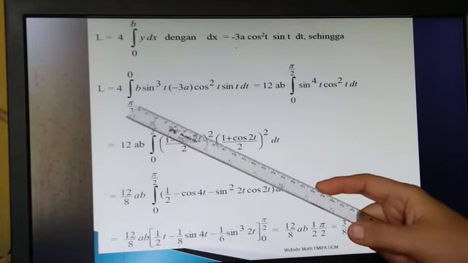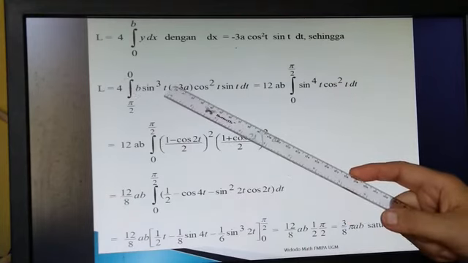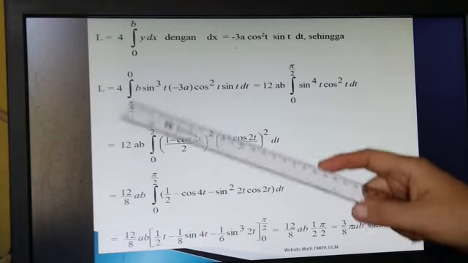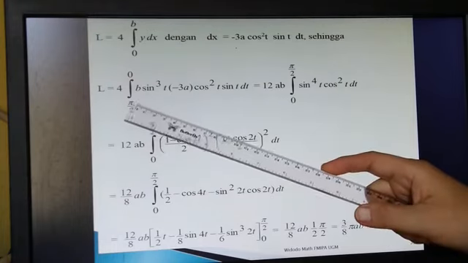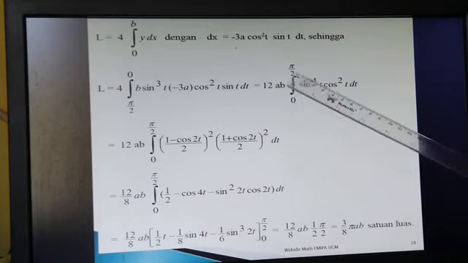So from π/2 until 0. But because this is negative, I can change it to positive, so the bounds of the integral become 0 until π/2.